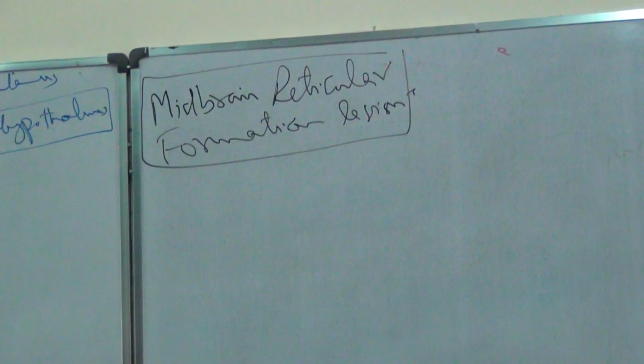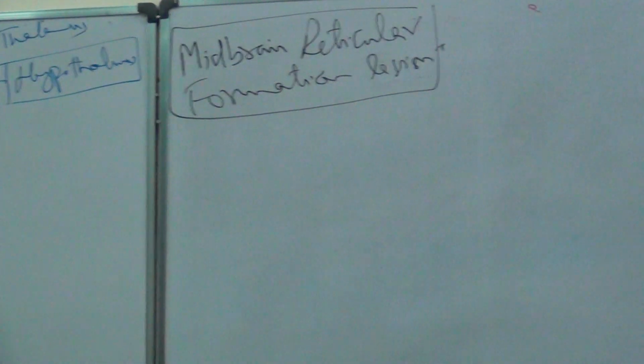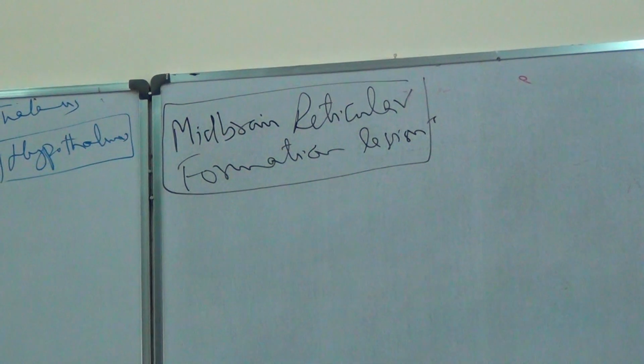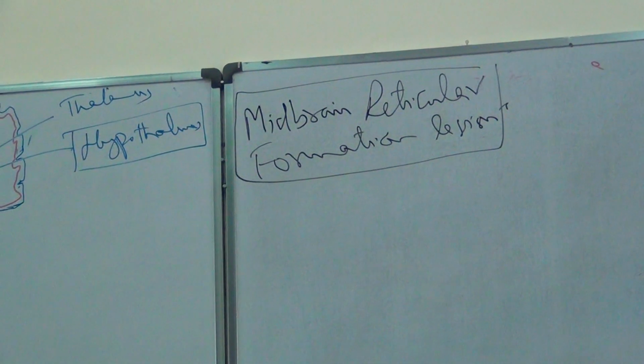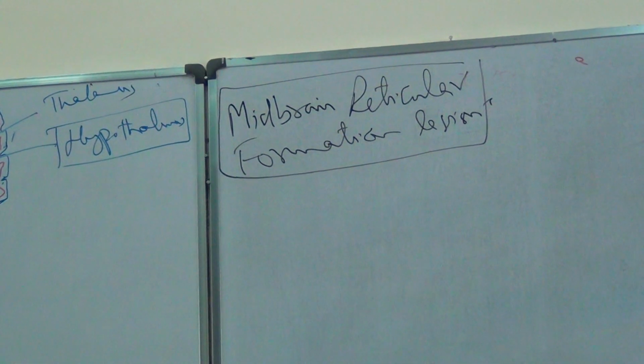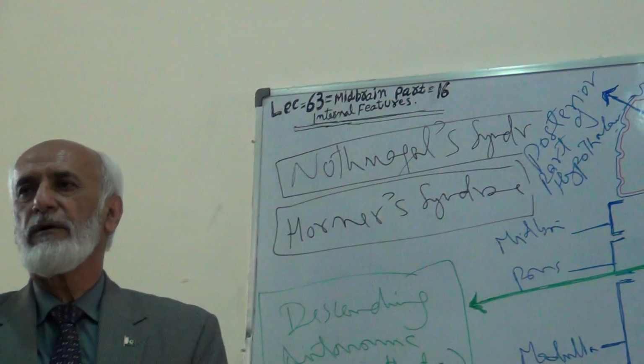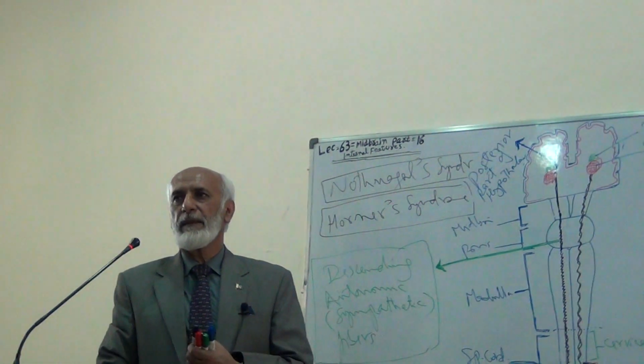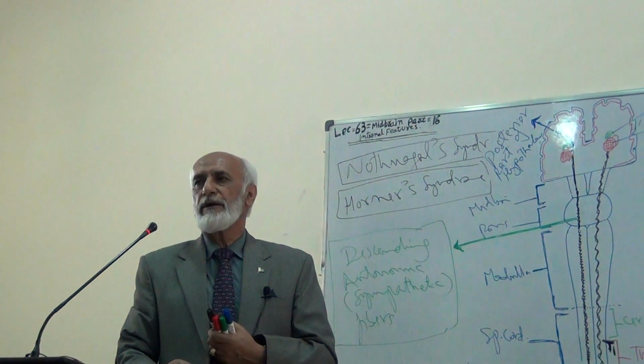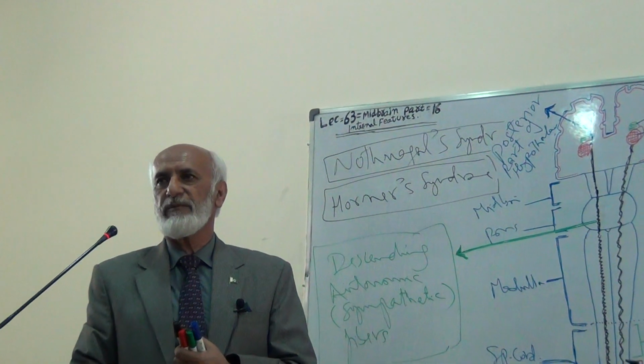You know, the reticular formation traverses throughout the brainstem. So if that part of the reticular formation traversing the midbrain is damaged, it will also cause some signs and symptoms.